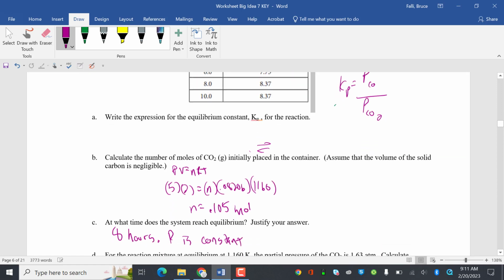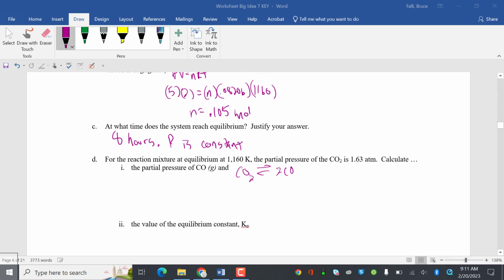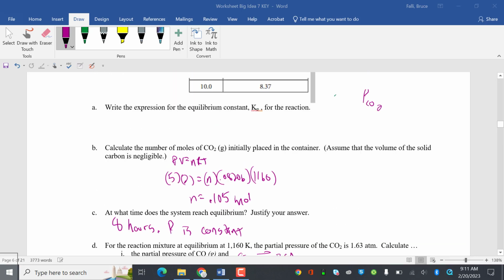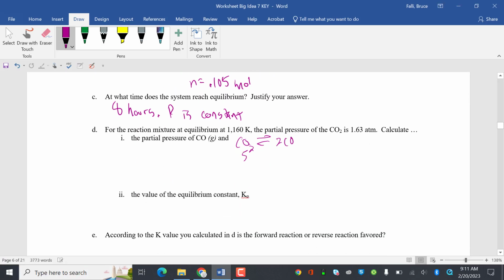The CO2 is in equilibrium with 2CO. And I know I'm going to start with the partial pressure of CO2 as 5 and CO as 0. The pressure of CO2 at equilibrium is 1.63, so 5 minus x equals 1.63. So I can figure out what x is. So 5 minus 1.63 is 3.37.